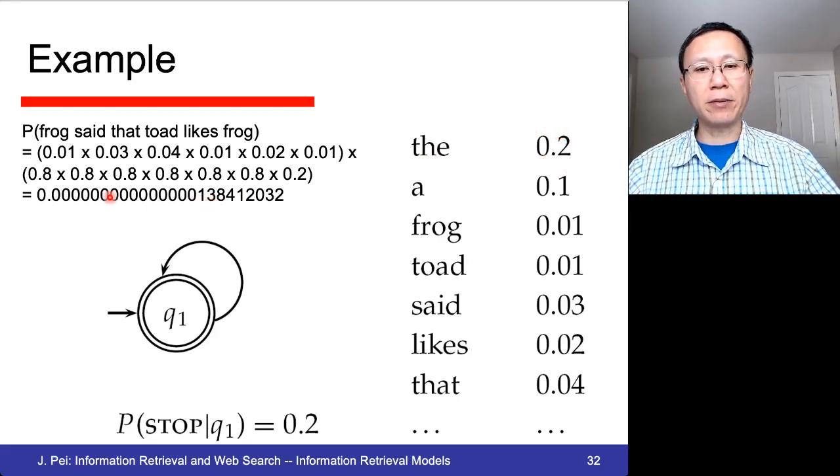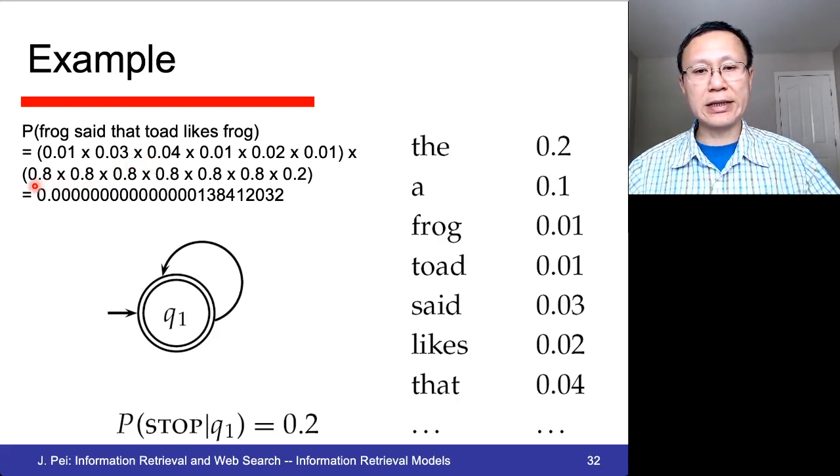And then the probability that this model will generate this sentence is the product of all the associated probabilities, because we assume that those words are independent from each other.